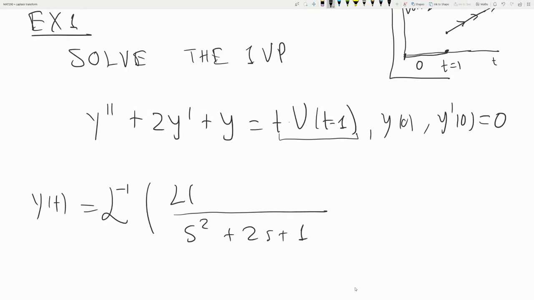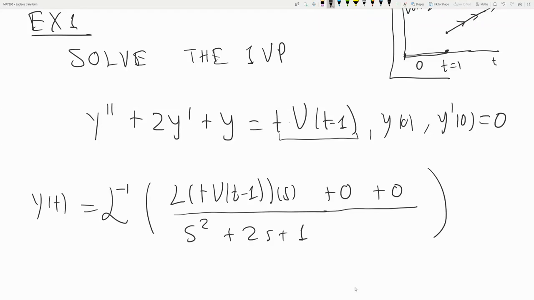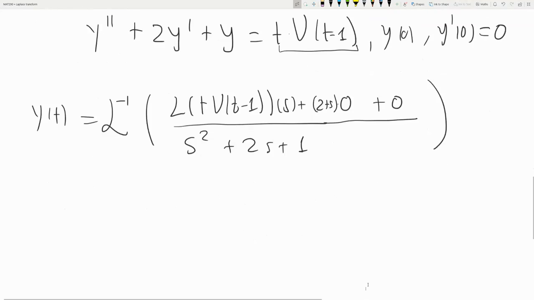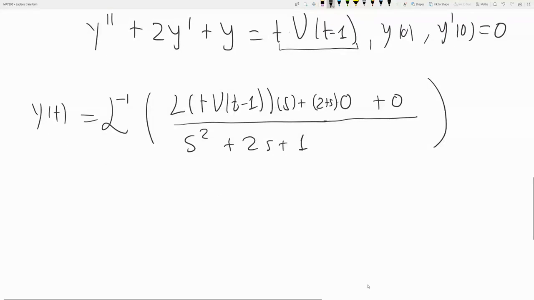The left hand side, right hand side, t u of t minus 1. And then the two initial data are both 0. Okay. So first we have to find this Laplace transform.